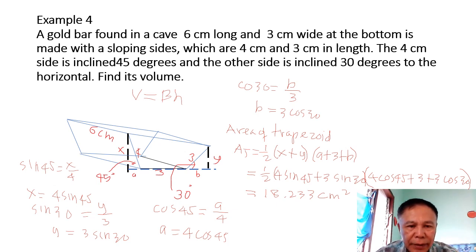Then we subtract the two triangles from the area.